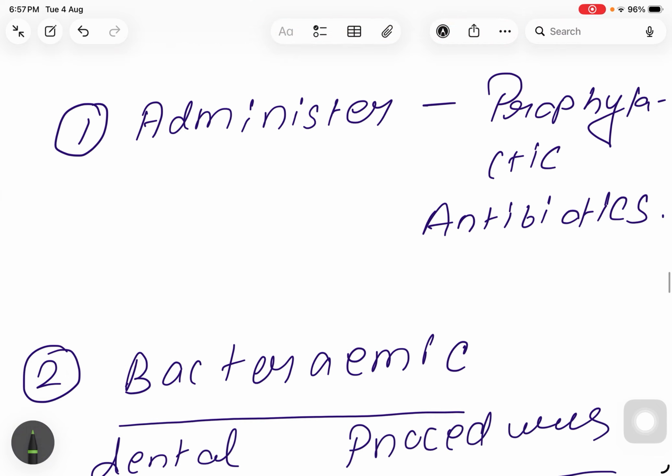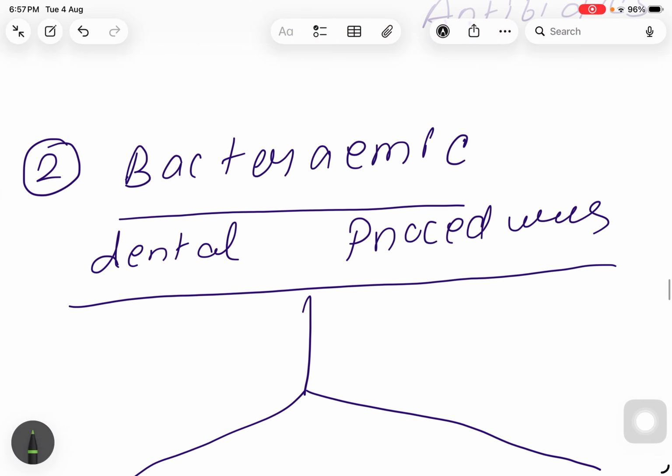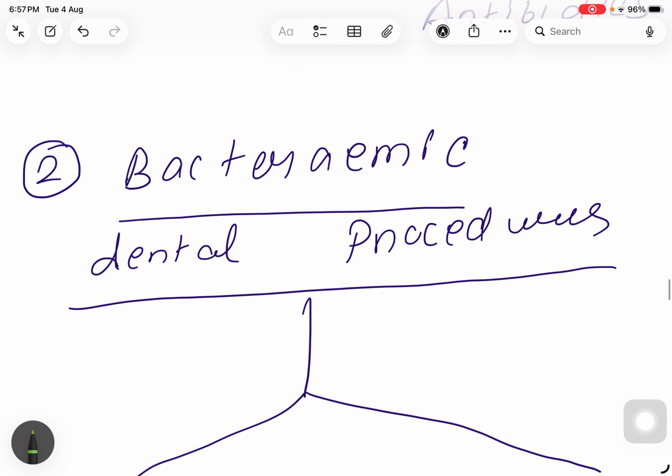For management, first is prophylactic antibiotics, everyone knows. Then what are the various bacteremic dental procedures? What do you mean by bacteremic dental procedures?